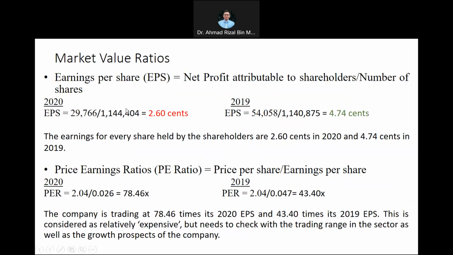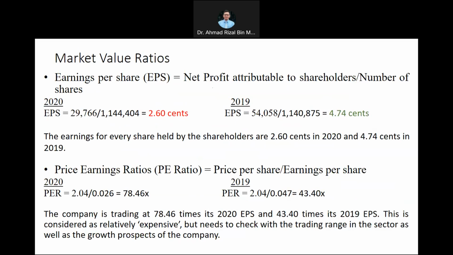And you divide it by the number of shares. The number of shares here is what we call the weighted average capital, or WAC. Not to be confused with WACC later. This is WAC, or weighted average capital. I will explain in class what this is and how to calculate the weighted average capital. And it turns out to be 2.6 cents in 2020 and 4.74 cents in 2019.